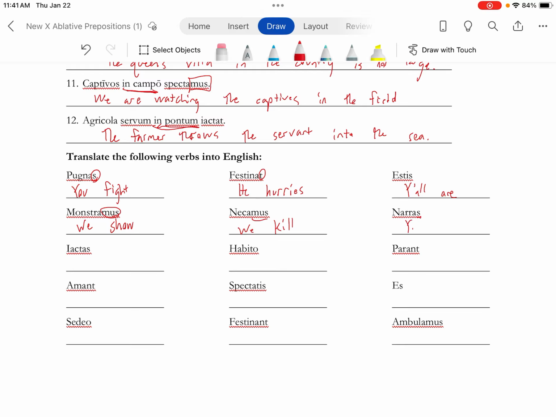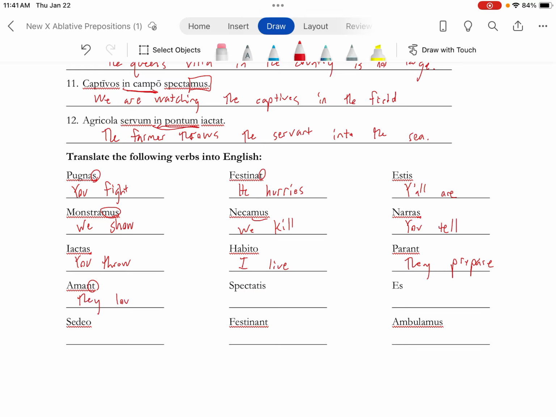Naras, the S is you, nara tell. So naras is you tell. Iactas, the S is you, iacta throw, you throw. Habito, the O is I, the habita is live, I live. Parant, and T is they. Para, prepare. Amant, NT is they.